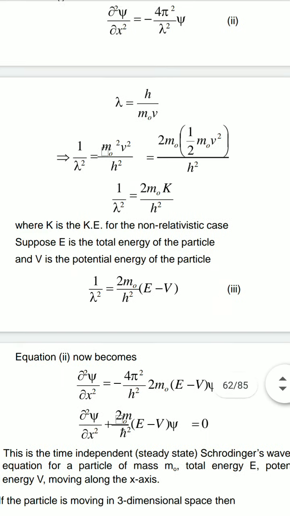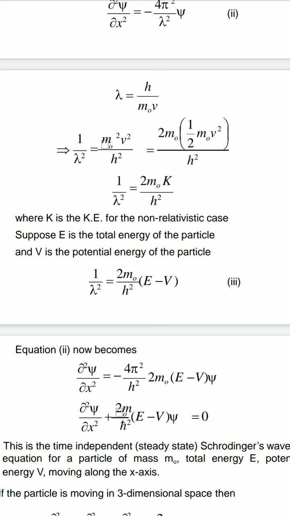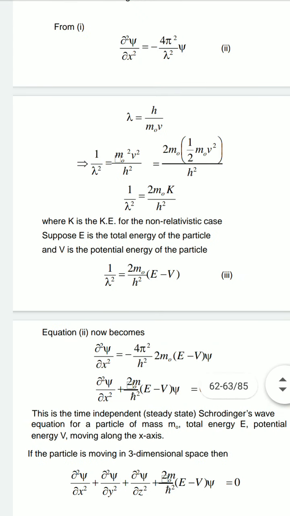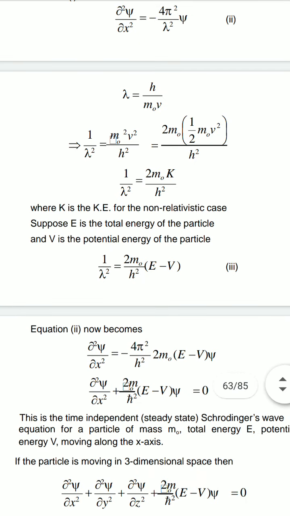So this is now moved to the left, and it is a new equation which is called the time independent Schrodinger wave equation. That is dou square psi by dou x square plus 2 m0 by h square into E minus V into psi is equal to 0. This is in one dimension.